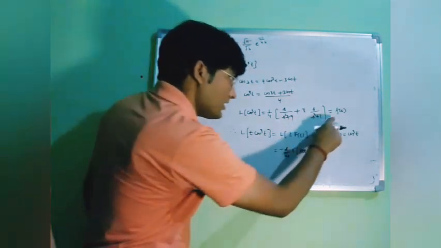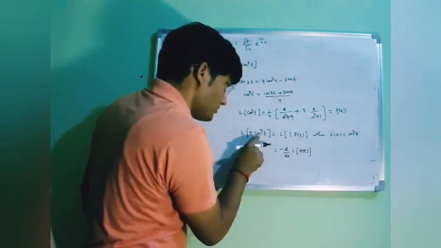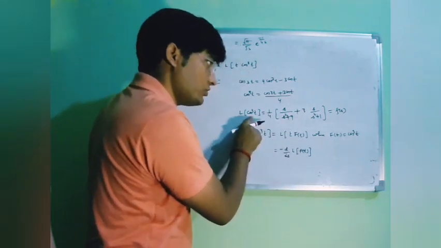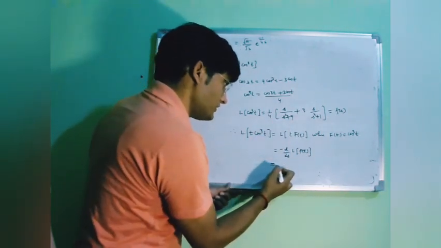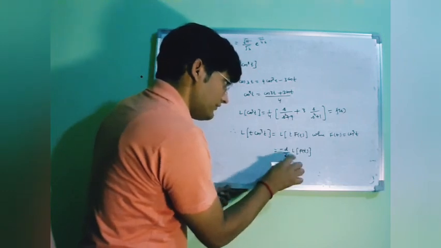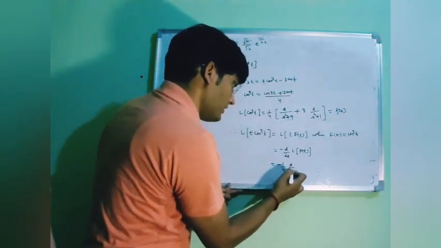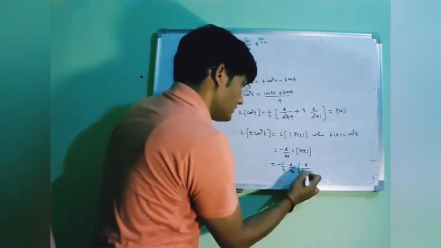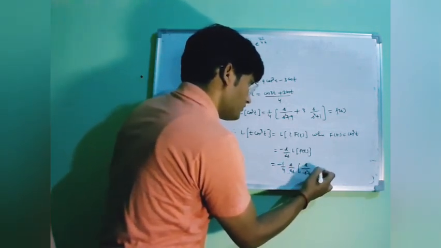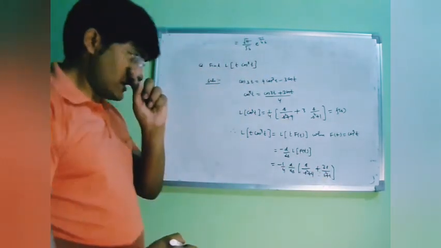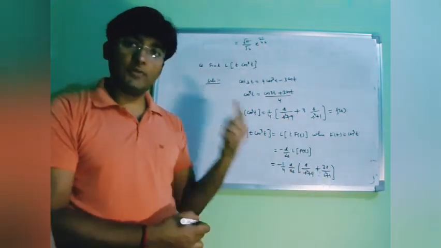And here the Laplace of ft, that means the Laplace of cos cube t, is equal to this one. So this is equal to the derivative of this term, and that will be your minus 1 by 4 d by ds of s upon s square plus 9 plus 3s upon s square plus 1. So just try to differentiate this term and we will have the answer.